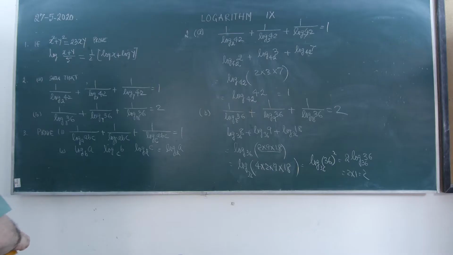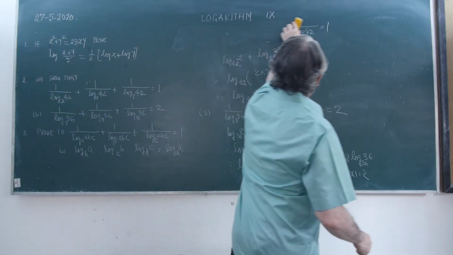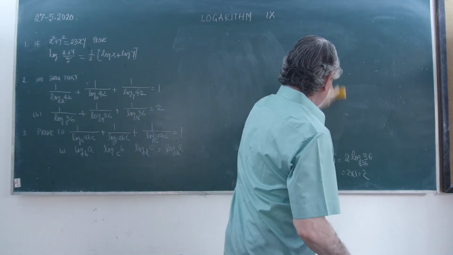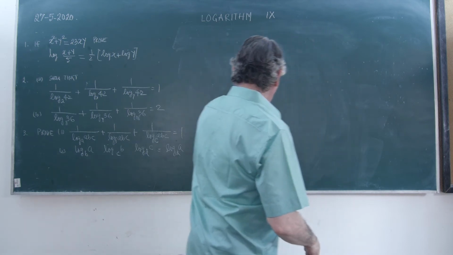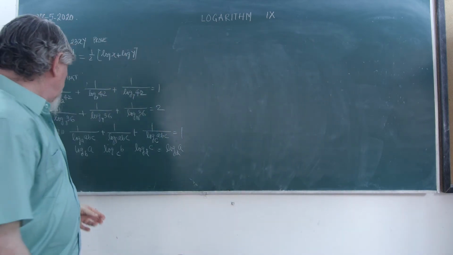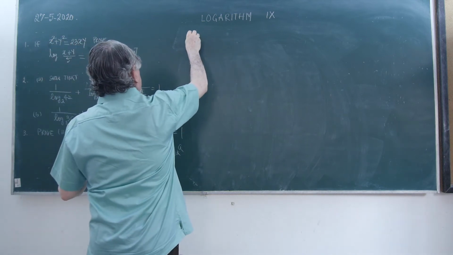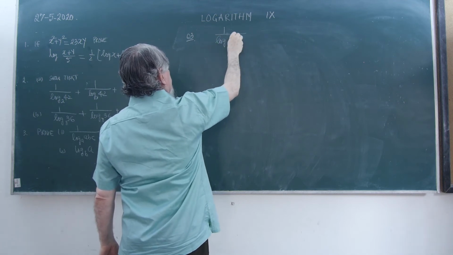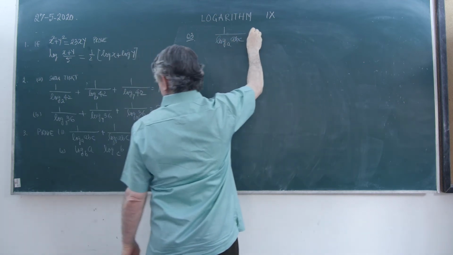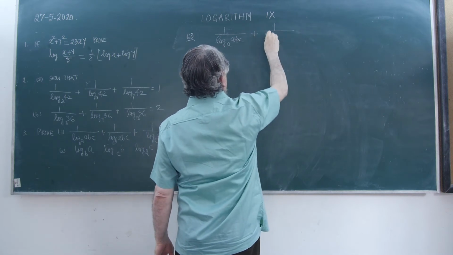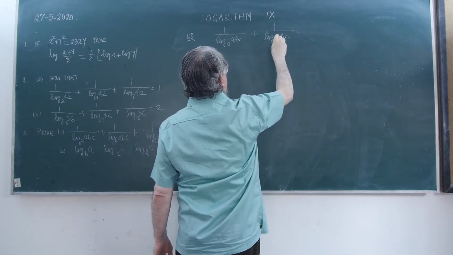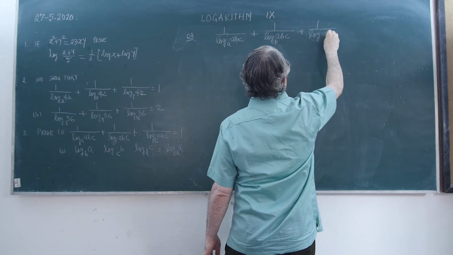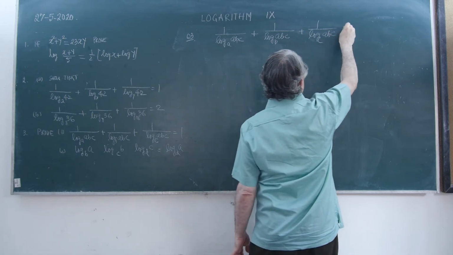Now let us see question number 3. The first part is 1 upon log ABC to the base A, plus 1 upon log ABC to the base B, plus 1 upon log ABC to the base C is equal to 1.